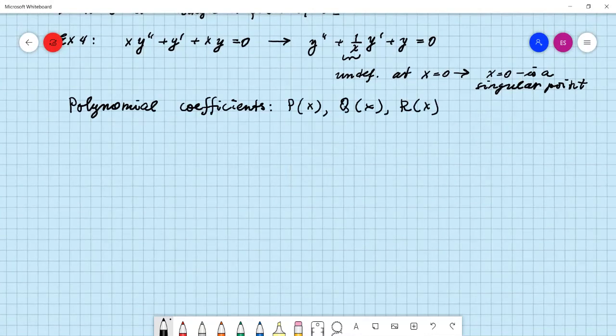You see that they're capital letters because I want to make a difference between the p and q which we had before, and these ones, which are P, Q and R, the polynomial coefficients. So for them, if P of x0 is not equal to 0, we are going to say that x equals x0 is an ordinary point.